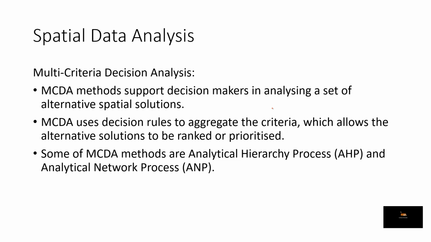Alright, the best part of AHP and ANP here is that it has a consistency ratio, where it detects whether the decision made by the decision makers in ranking the criteria, whether his or her opinion is consistent or not.